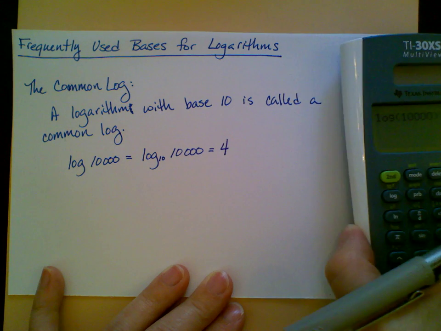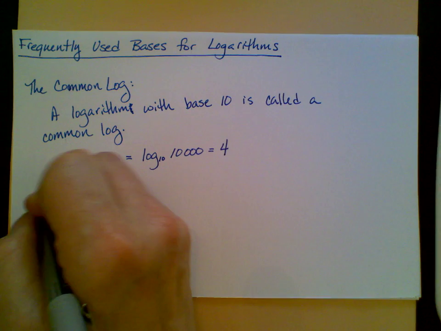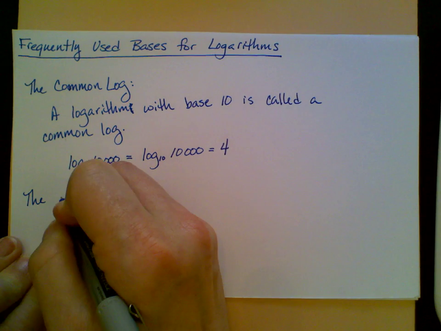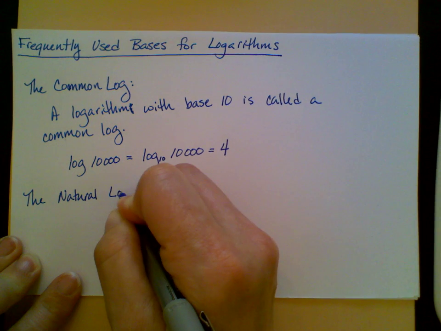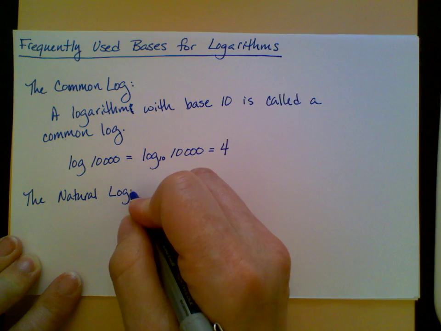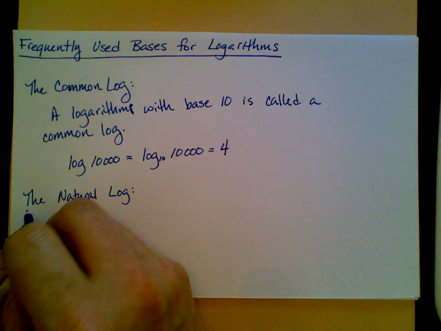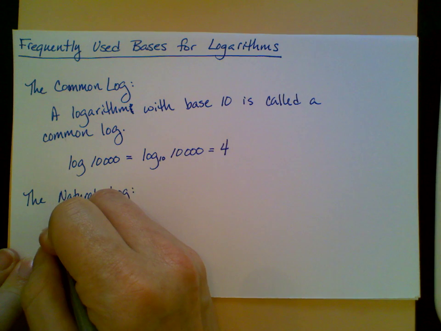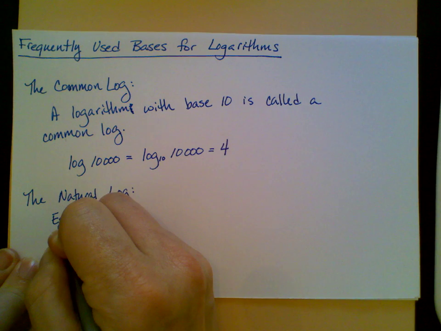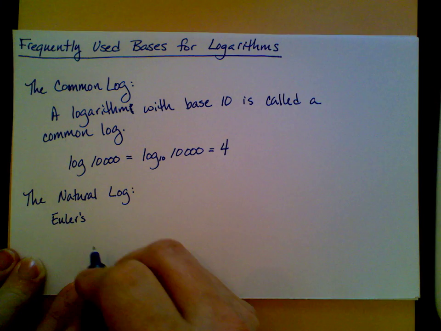The other type of logarithm I want to talk about is the natural log. And before we talk about the natural log, I need to introduce Euler's number. Euler's is spelled like this. It's pronounced Euler.